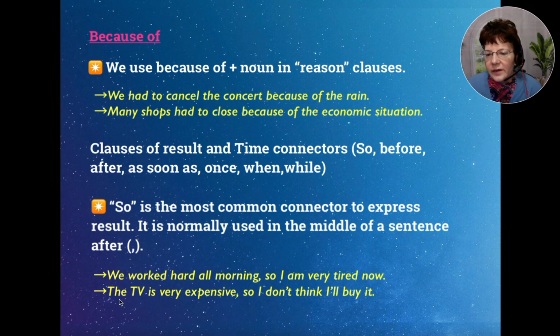And then: the TV is very expensive, comma, so I don't think I'll buy it. The result is I don't think I'll buy the TV because of it being very expensive. All right.